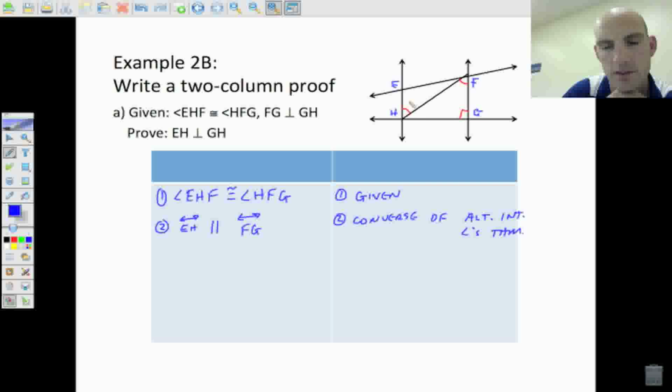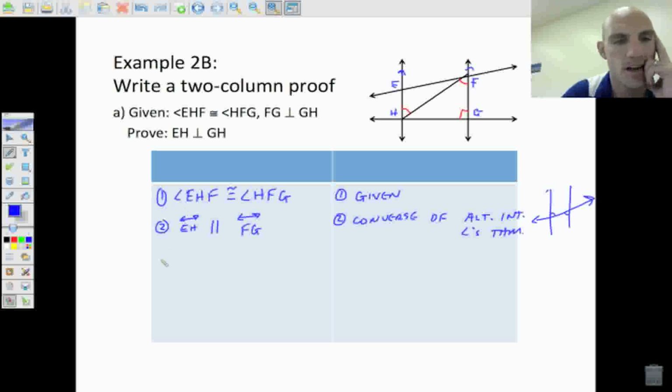Because if these two, take this line out of the mix for a minute. Take EF out of the mix for a minute. I've got two lines here, basically looking like this, right? Cut by this transversal. And I've got an angle here and an angle here that are congruent. Okay, so there's alternate interior angles because they're inside these two lines. So I can now mark this because these two are going to be parallel now, as we suspected before.